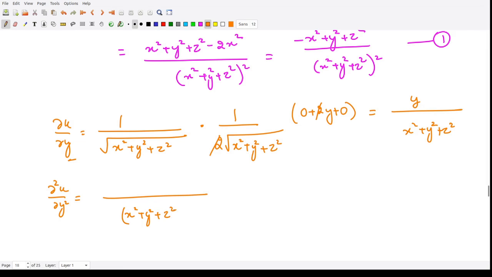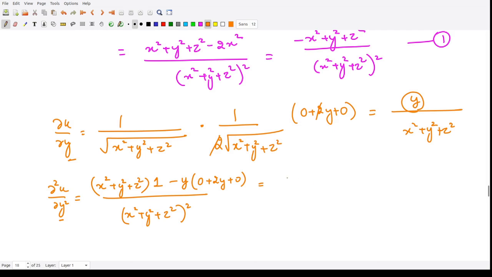When you take its derivative, by the quotient rule we would have the square of this quantity, and then the denominator as such, then the derivative of numerator that is equal to 1, because we are taking partial derivative with respect to y and we only have y here, and then minus y and the derivative of this denominator, so that would be 0 plus 2y plus 0.